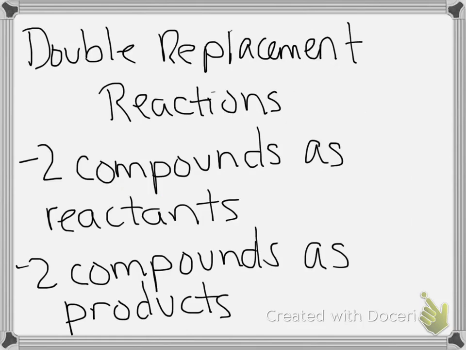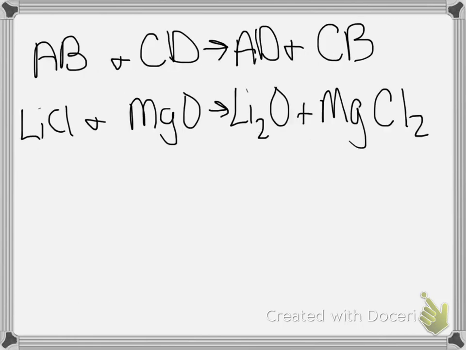Our fourth reaction type is called a double replacement reaction. In this case, two compounds are the reactants, and two compounds are the products. The general formula is AB plus CD forms AD plus CB. Our example problem is lithium chloride plus magnesium oxide forms lithium oxide and magnesium chloride.